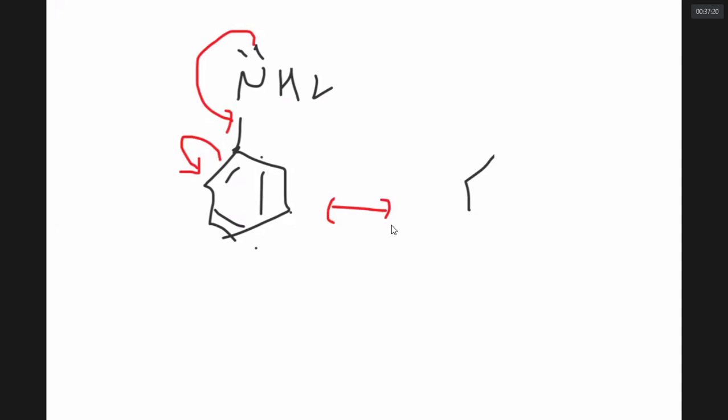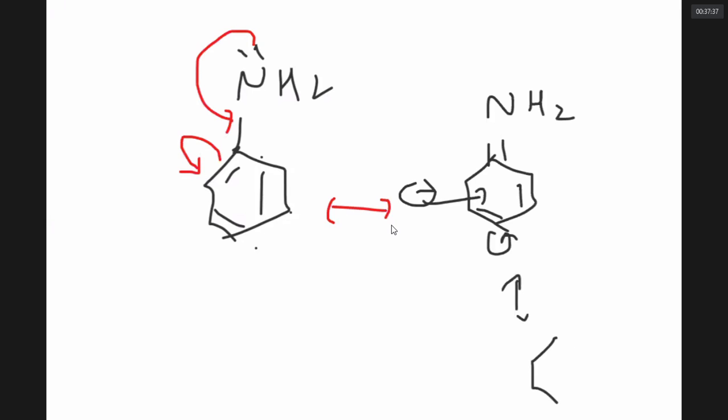As a result, the lone pair on the nitrogen is disappearing. The lone pair is not available, which means it cannot donate to H plus. We can write 5 canonical forms. In all these canonical forms, you will notice the lone pair is engaged in making a double bond, distributing negative charge on carbons. You can write one more.